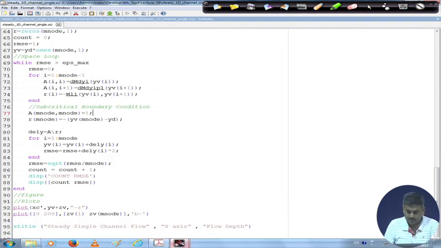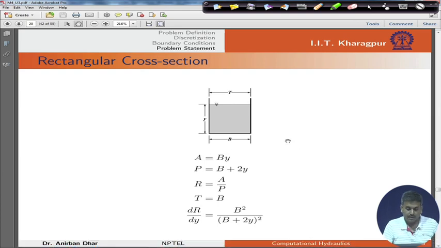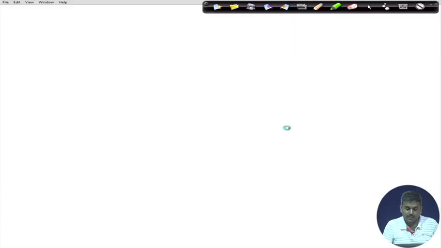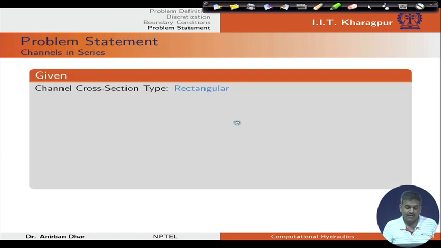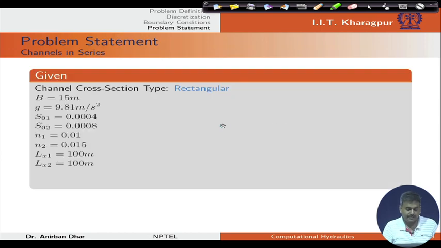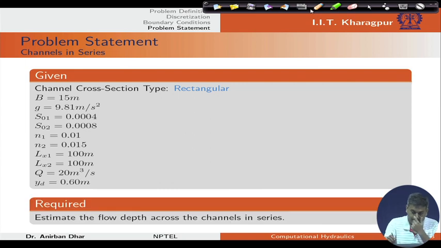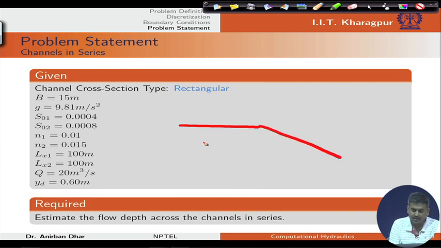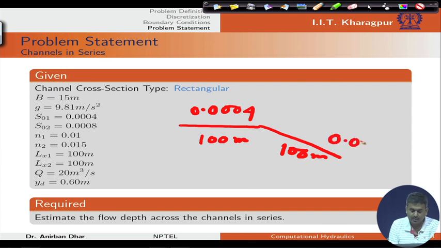Now, if you see our channel in series, we have a rectangular channel. Let us say that if I divide the same 200 meter length into two parts, 100 meters and 100 meters, with slopes 0.004 and 0.008, we can get the flow profile there.